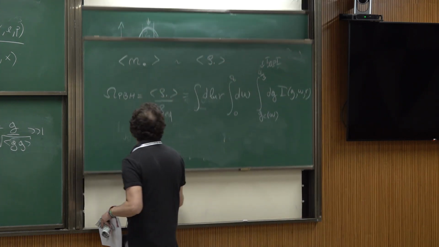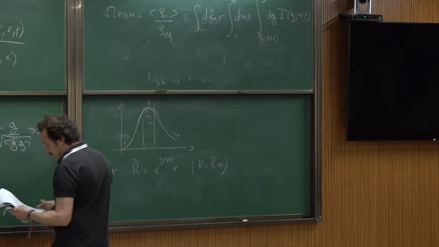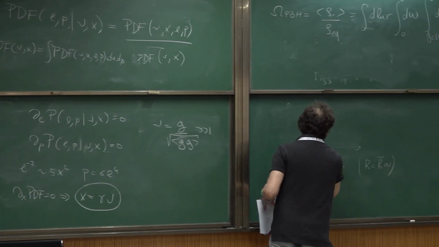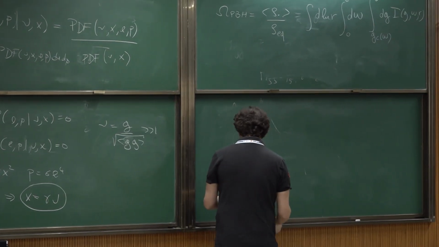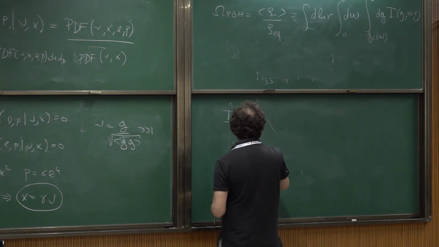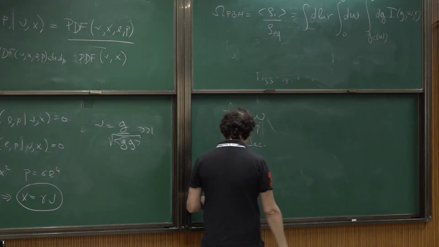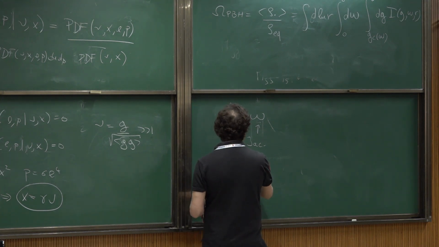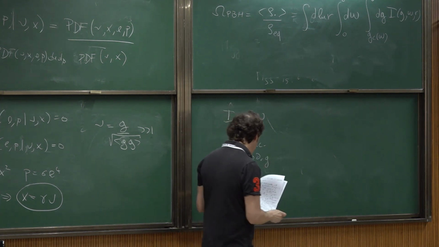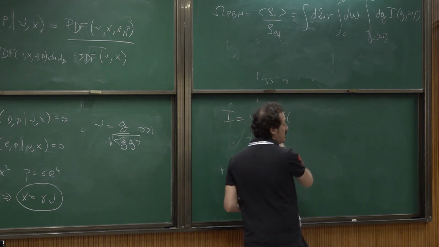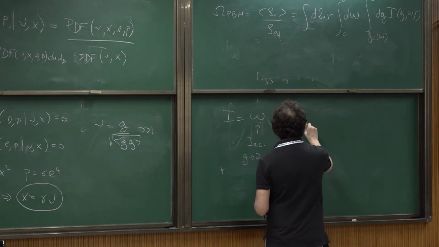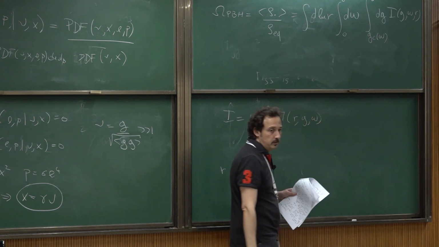Now this integrand has a form that I can sketch, and it is the following. There is omega that comes from a Jacobian, the Jacobian of transforming G into the derivative of G, so you get this omega. Then you get the mass of the black hole, because we are calculating density that will depend on R, G, and W. Why?